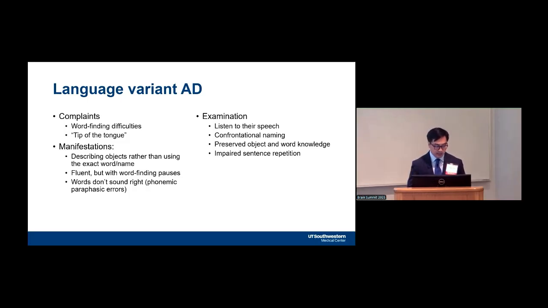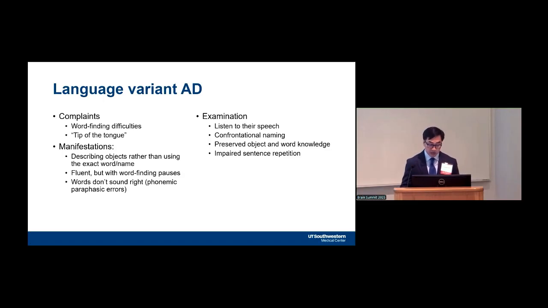Circumlocution is what we would call that. They may describe the object, but not actually use the exact name for that thing: that doohickey, that, you know what I'm talking about? I want to flip the channels. Tell me that thing, right? A lot of that word substitution. They're still relatively fluent, but they can have a lot of pauses when they're trying to find those words. And sometimes those words, when they are speaking, may not sound right.